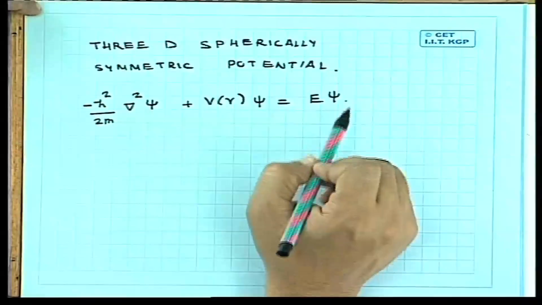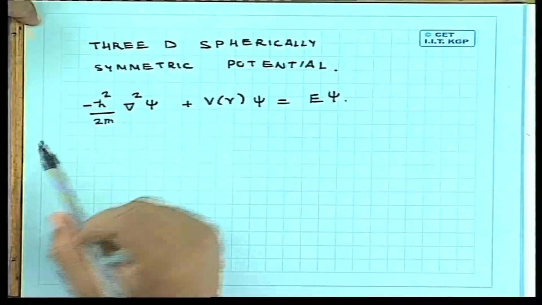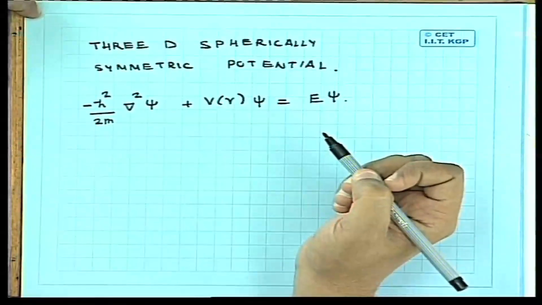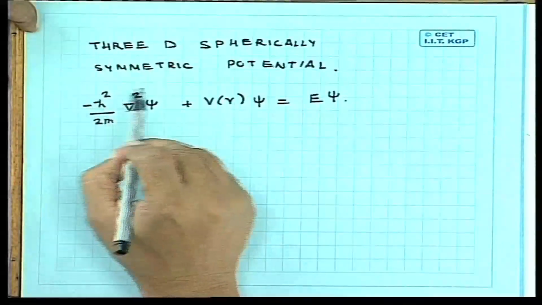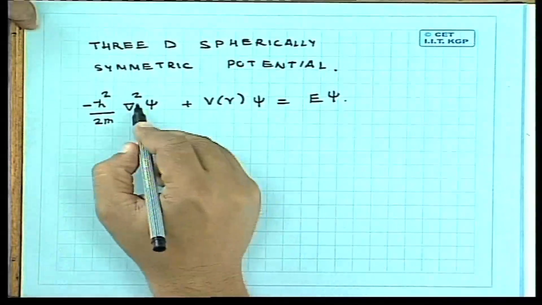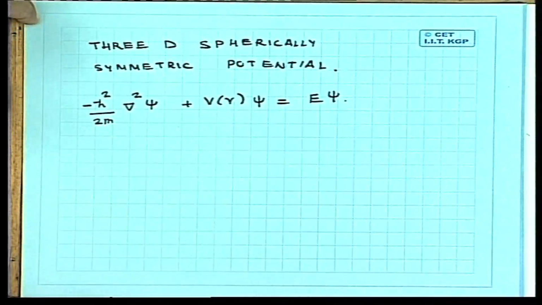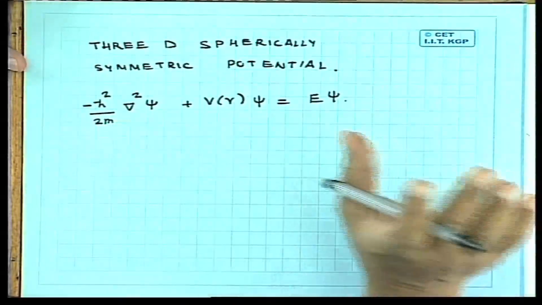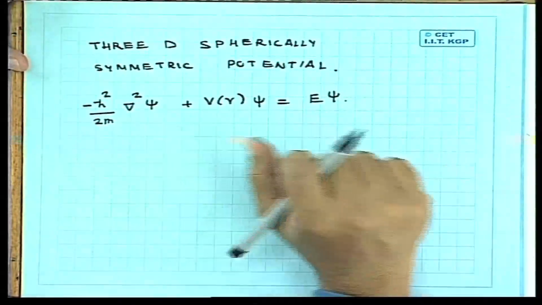This was the Schrodinger equation we were trying to solve. And we saw how it naturally led us to the angular momentum operator, because when we wrote this in a spherical polar coordinate system, the Laplacian operator broke up into two parts, a radial part and a part which had derivatives with respect to theta and phi.